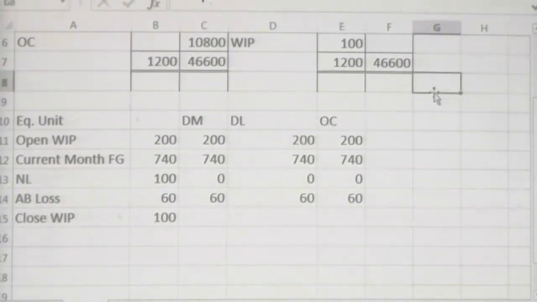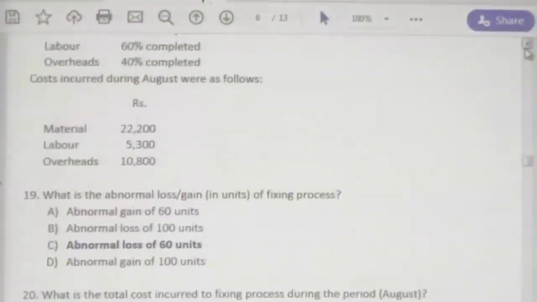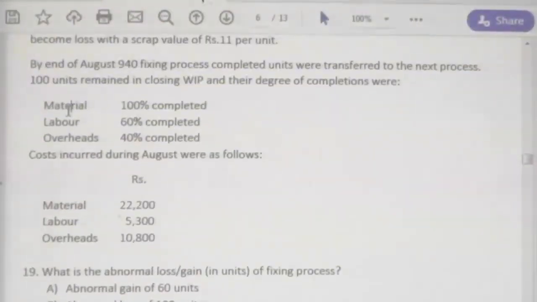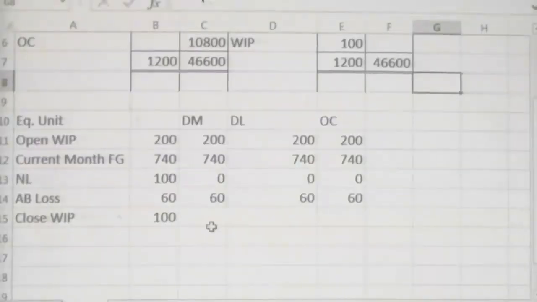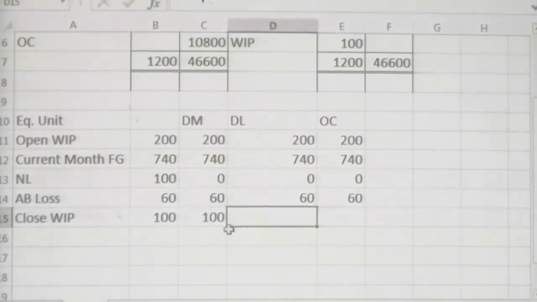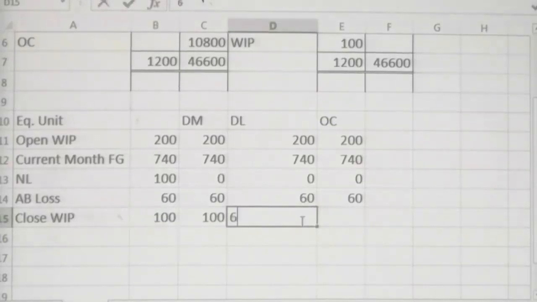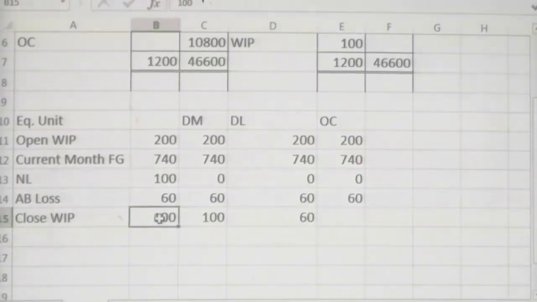For closing work in progress, they have mentioned 100% material, 60% labor and 40% overhead. Therefore, 100 material, 60 labor and 40 other overhead.